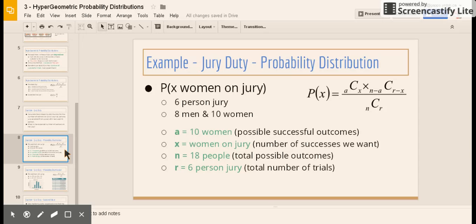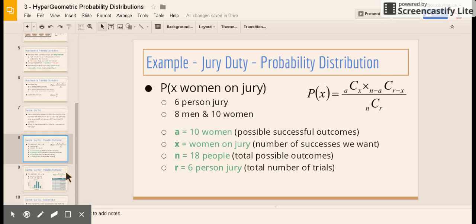X is going to vary from 0 all the way up to the full number of people on the jury, so 0 to 6 in this case. N is 18, my total number of people, my total possible outcomes. And R is the number of trials I'm doing. So in this case, I'm selecting 6 people. It's a 6-person jury, so R is 6.